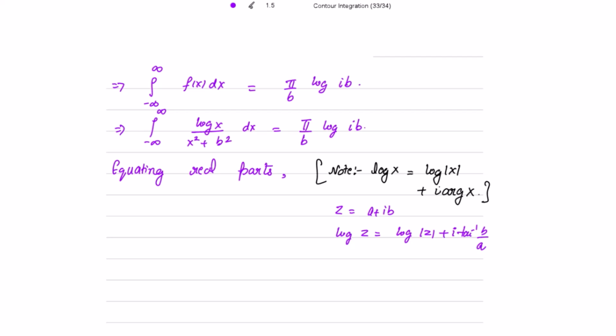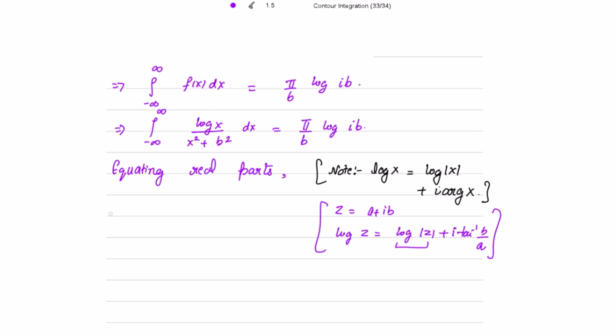So for a complex number we write the result for log as this. So when you equate the real parts, you must have log of mod of the complex number, right? Mod of the variable.